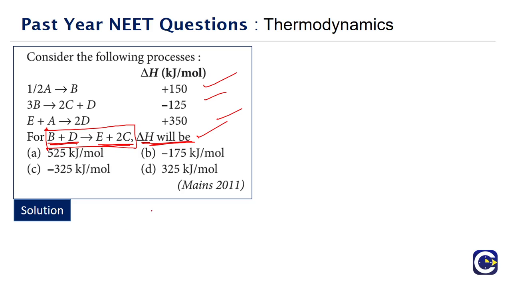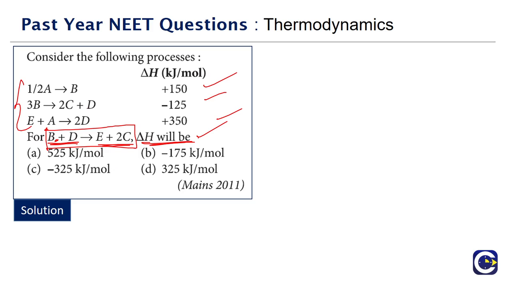Look, in the overall equation B is coming on the reactant side. In the given equations, B is coming in two places: B is in the first equation and B is also in the second equation.